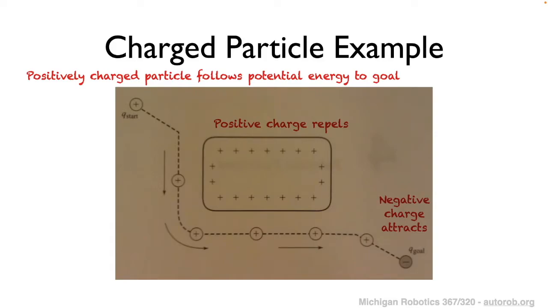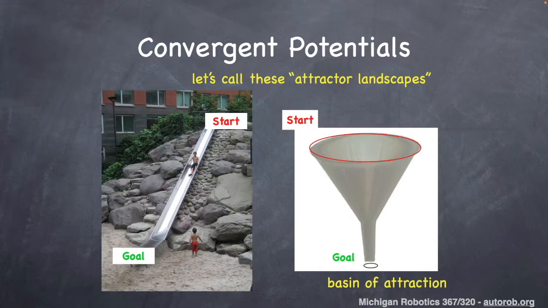So let's look now at an example of a convergent potential, similar to the potential field that would have been applied in the case of the coin donation cone. Let's look at this example and consider how we could implement this and use this for our robot operating systems.